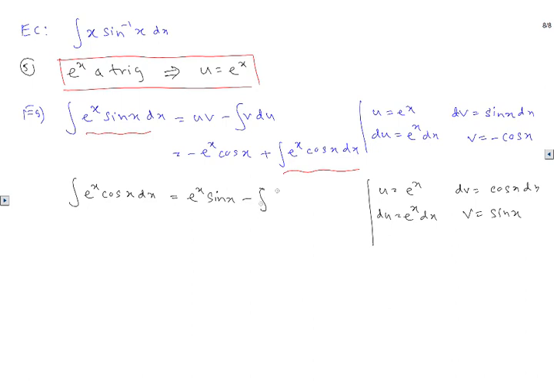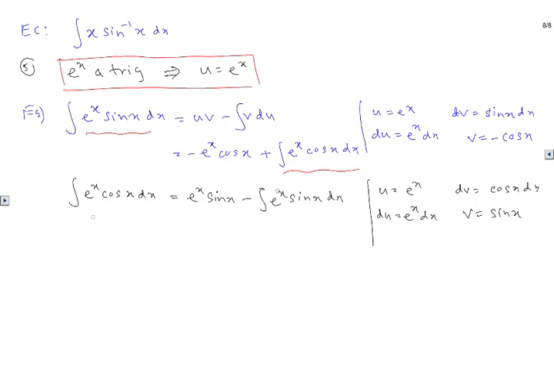What is v? v is sine x, du is e^x dx, so that means e^x sine x dx. So what happened? So when you do e^x cosine x dx, it becomes sine. Now what we're gonna do? We're gonna substitute that into the previous one.